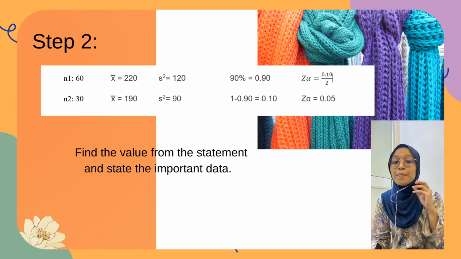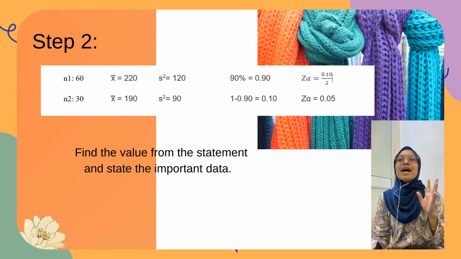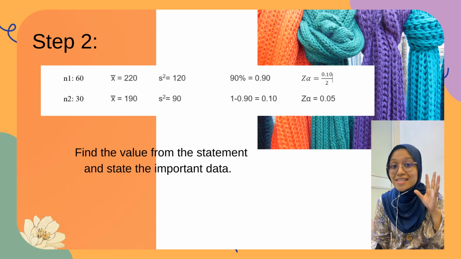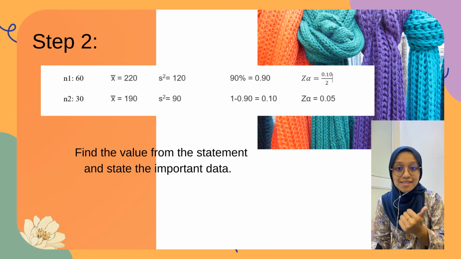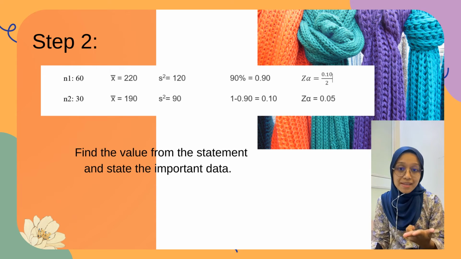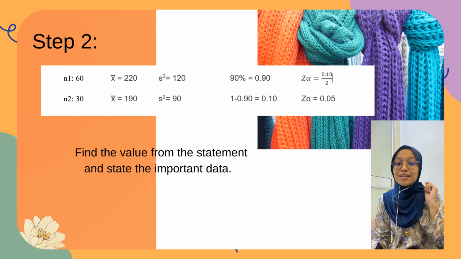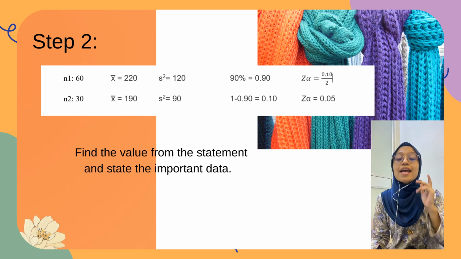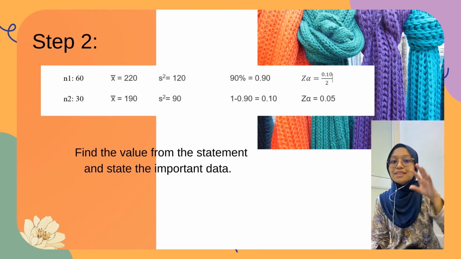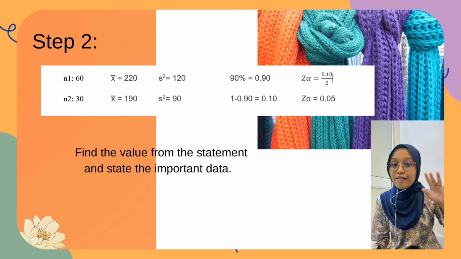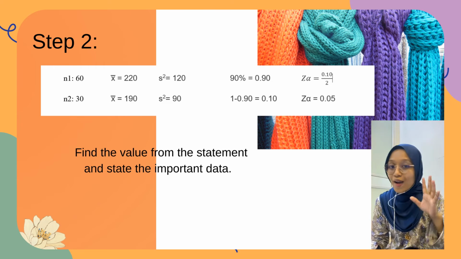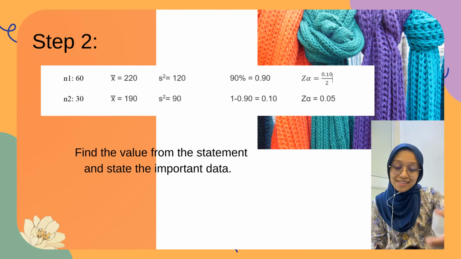From the statement, please pick wisely the variance, number, sample means, and also the standard deviation. This is the important thing. If you put the wrong number or the wrong variance, you will get the wrong final answer.